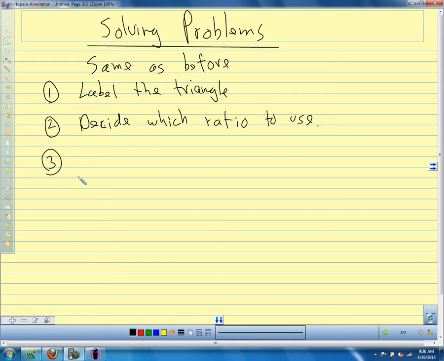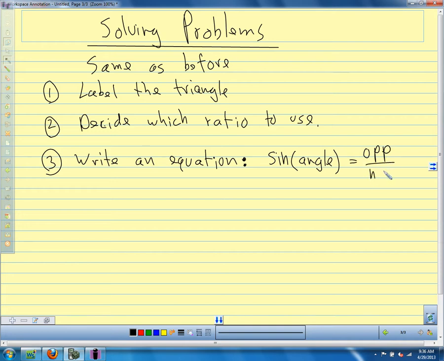Once we decide which ratio to use, then we write an equation. But now we have three different equations that we could write, depending on which sides of the triangle we have. But the equations are always going to look the same. It's either going to be the sine of the angle equals, and if we have the opposite, I'm going to use a shorthand here, opposite over hypotenuse.